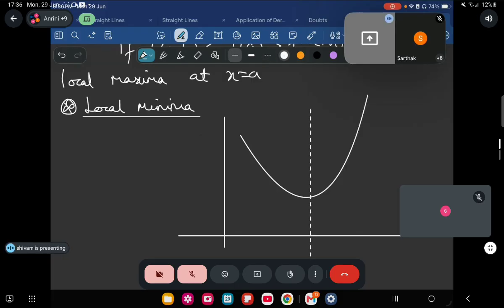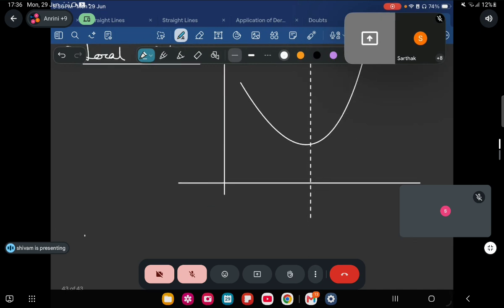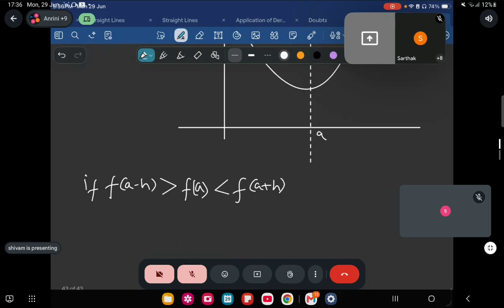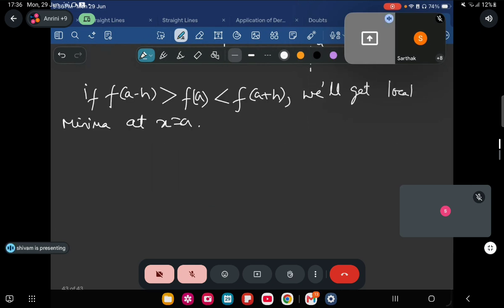We can understand that if f of A minus h is greater than f of A, but less than f of A plus h, then we'll get local minima at x equal to A. I hope everyone has understood the meaning of local maxima and local minima.